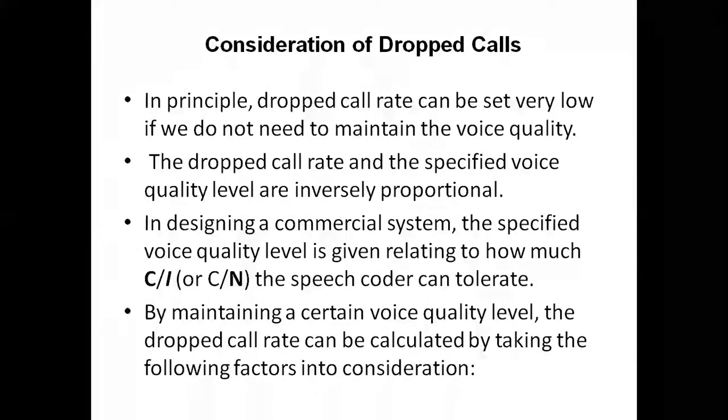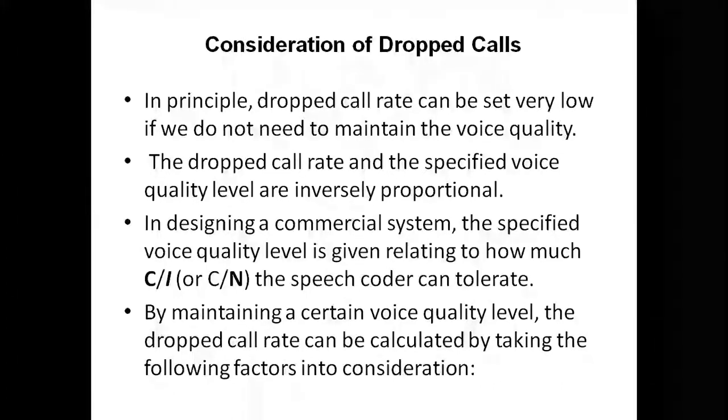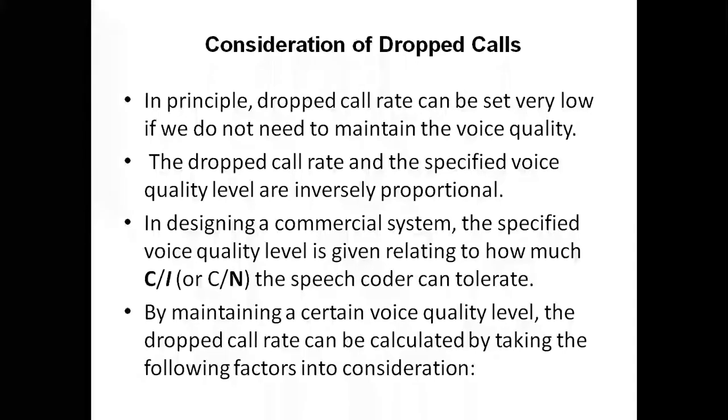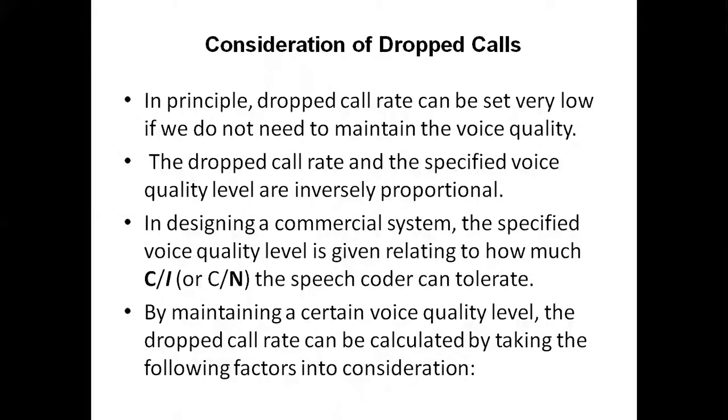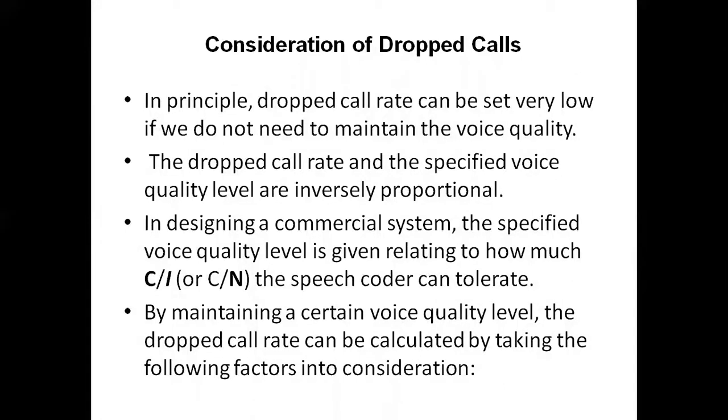So for every commercial system, for every cellular system, there is some level of voice quality. Okay, so the voice quality level depends on the C/I value. That means how much it can tolerate. So depending on the C/I value, there is some voice quality level. If we do not maintain that voice quality, then automatically we can lower the dropped call rate. Okay. So there is a relation between the dropped call rate, the voice quality and the C/I value.